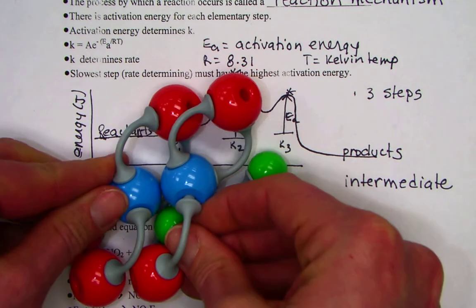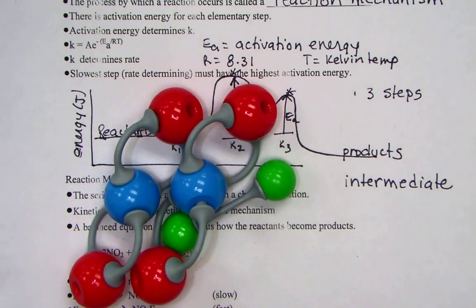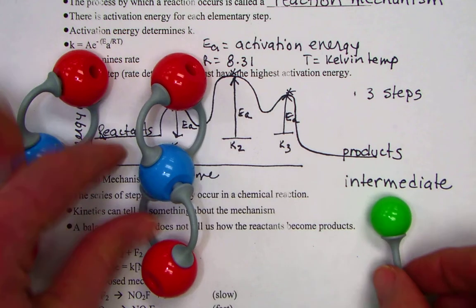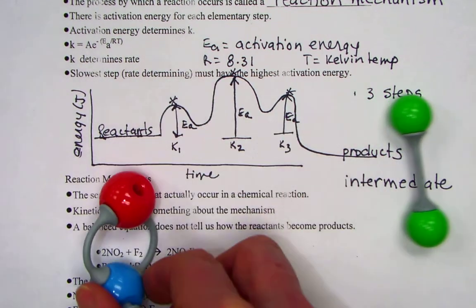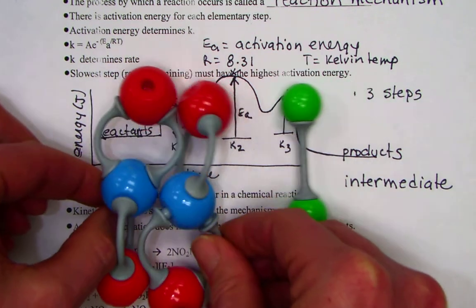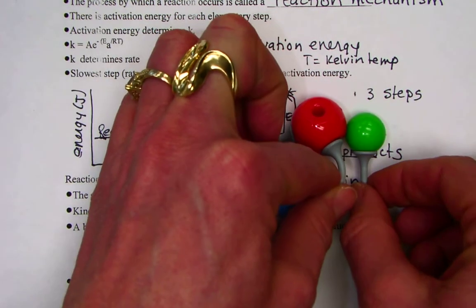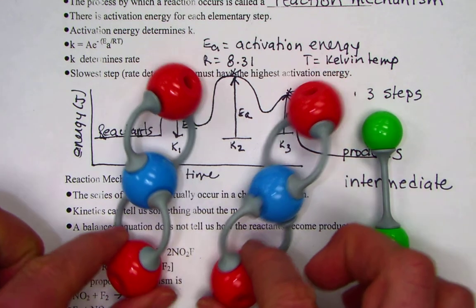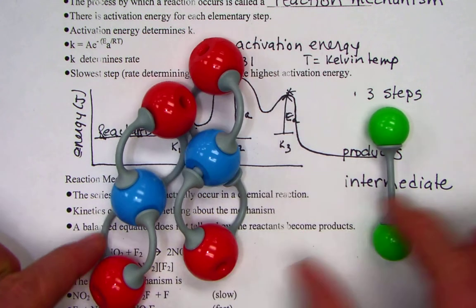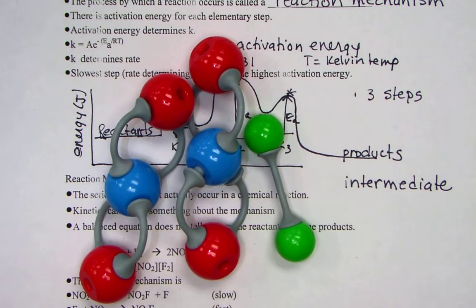Do all 3 of them collide together and magically turn to the product? Do I have 1 molecule of NO2 colliding with an F2? Do I have both of these molecules colliding together and then in the next step collide here? What we're trying to do is predict, looking at the number of collisions, how we can use kinetics to give us insight into the order in which these molecules collide to give us the desired product.